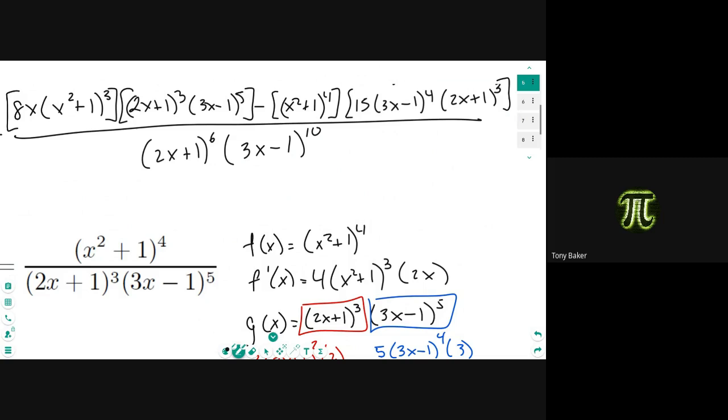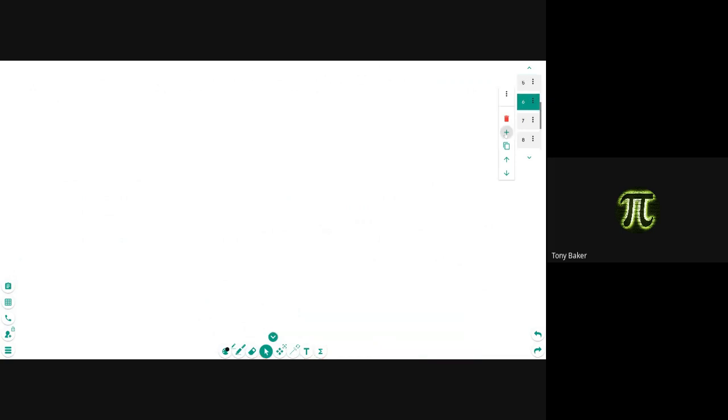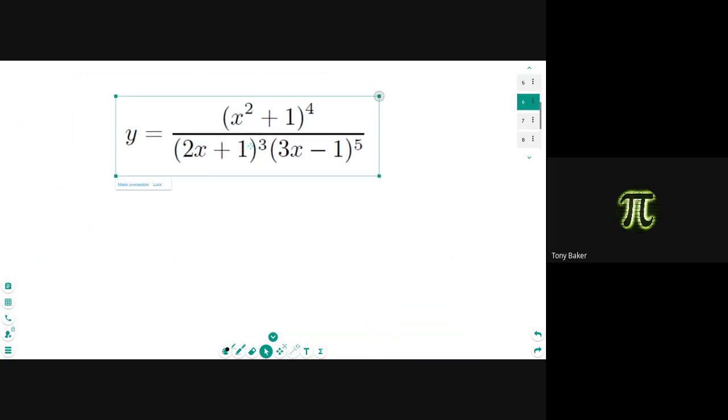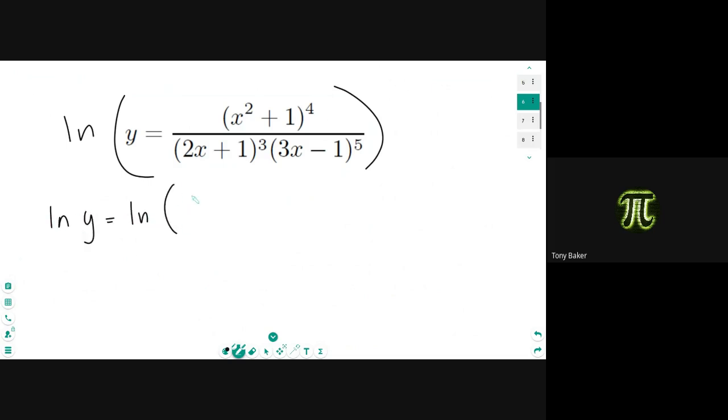Find an easier way to do it now? That's the hard way. Which you should have done: take the ln of the whole thing. So you have ln of y equals ln of that whole thing.